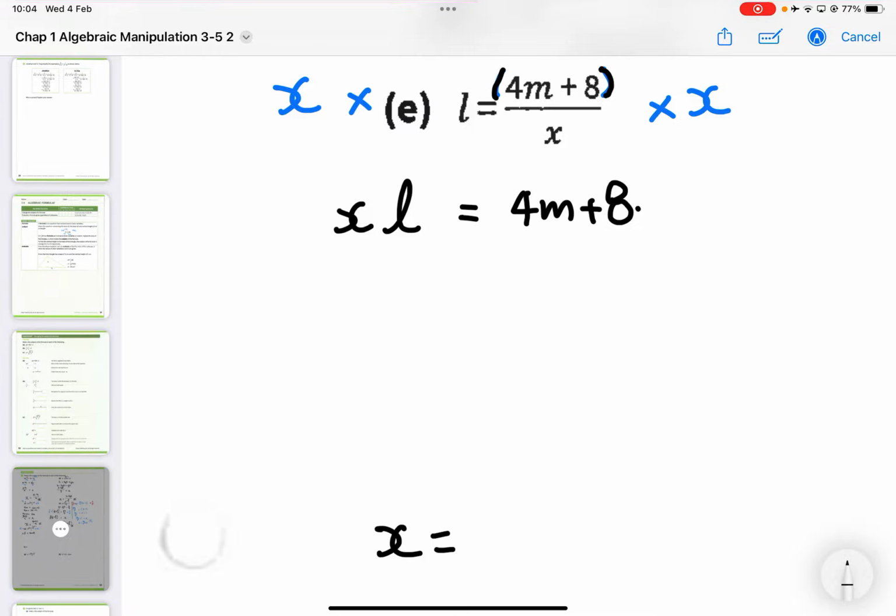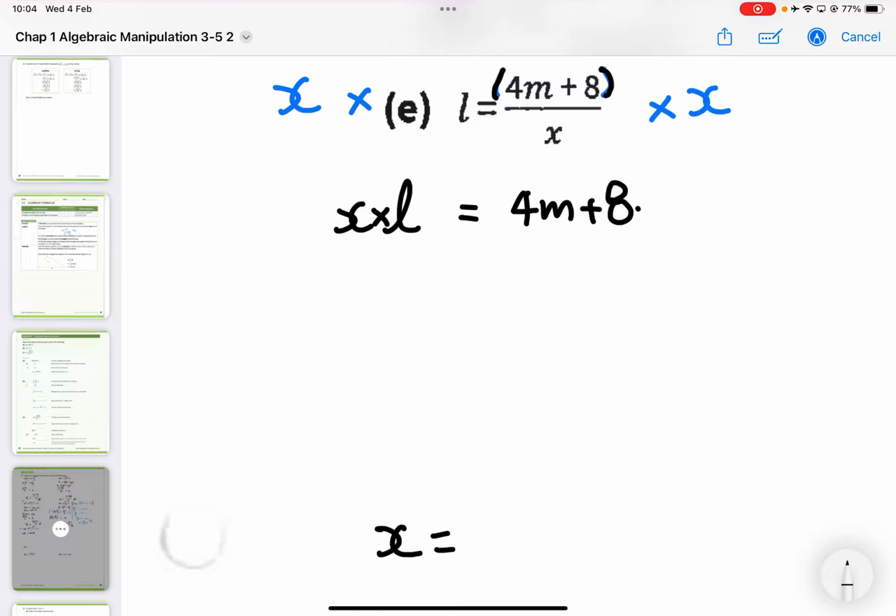Naeem, what's the last step? Yes. How do I move the L to the other side? Not minus. When we have XL written like that, it is actually X times L. So how do you move the L to the other side?